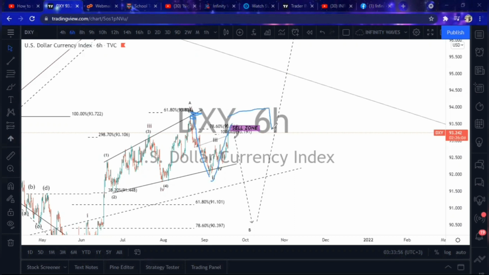So we are waiting for a major correction here at these levels for another drop down to these levels of 90 area levels for the next move going upwards. So for DXY, we'll be looking for sell setups or jumping into any move.